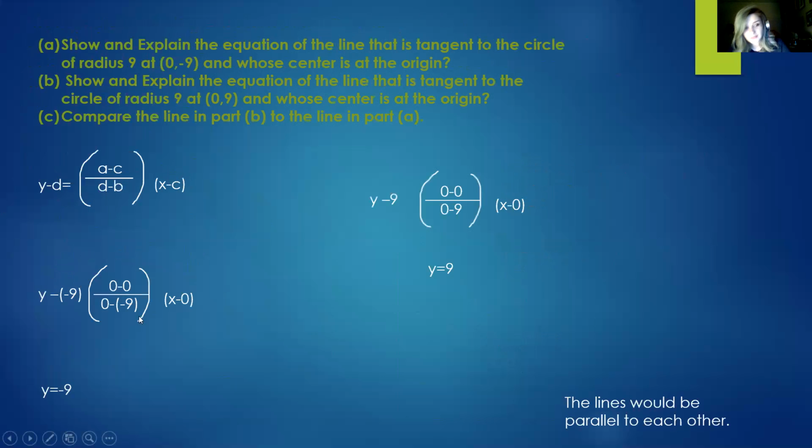But we just plug it in and we get y equals 9. And over here we get y equals negative 9, sorry, and this one's 9. And these lines would be parallel to each other because they are not negative reciprocals. And the slope is going the same way, just on different points of the axis.